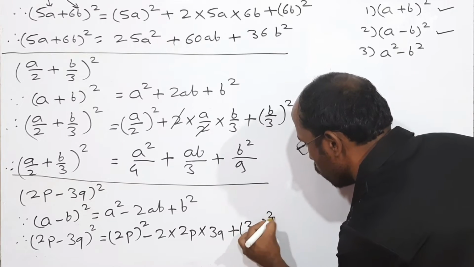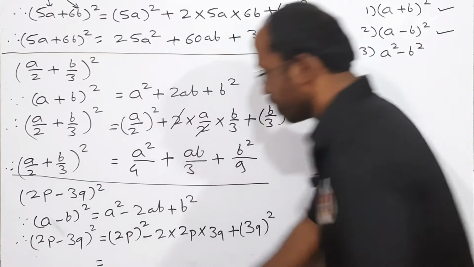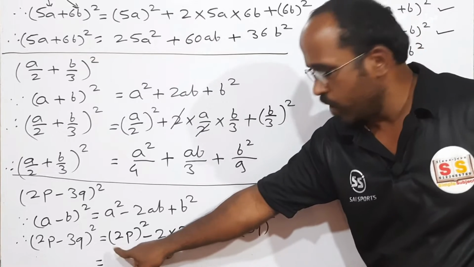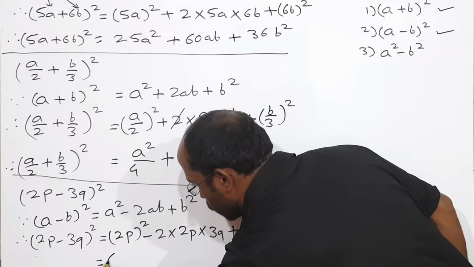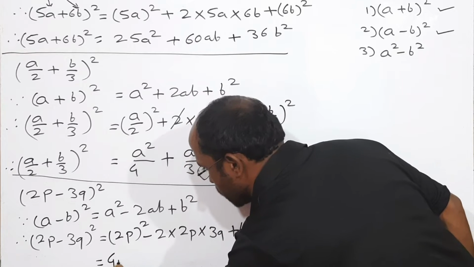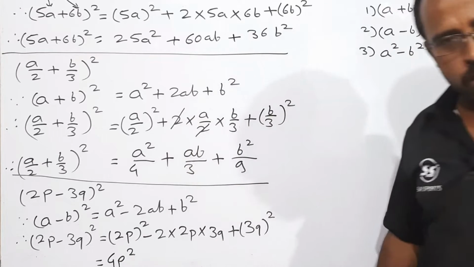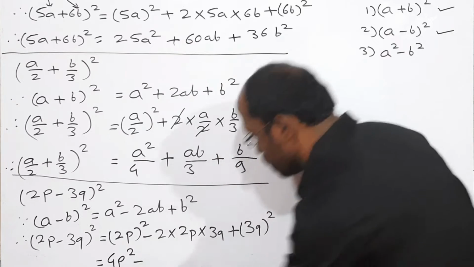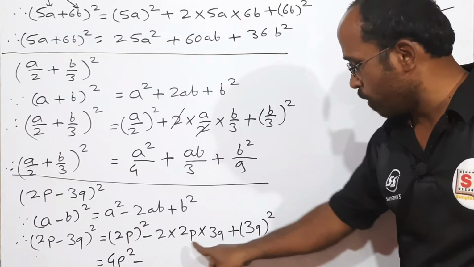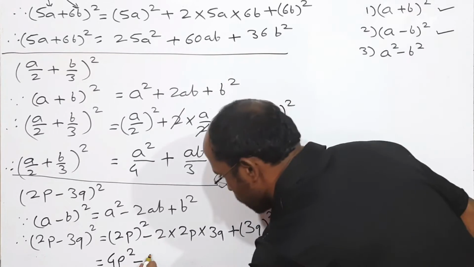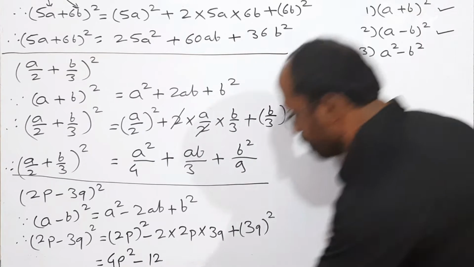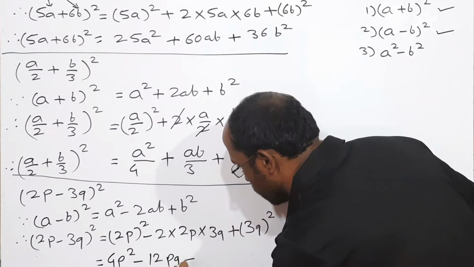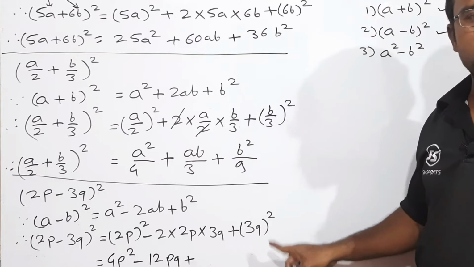Finish. Now solve the example. Square of 2p, we have to square 2 also and p also. So that is equal to square of 2 is 4, square of p is p square. Got it? Minus 2 into 2, 4, 4 into 3, 12. That is the multiplication of coefficients. p into q, pq, plus 3q square.